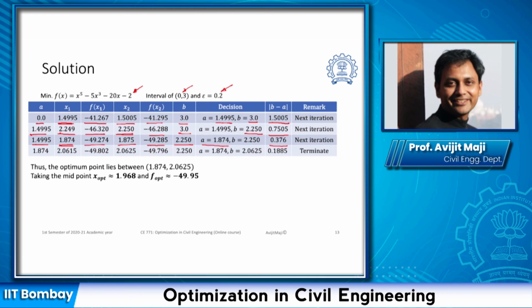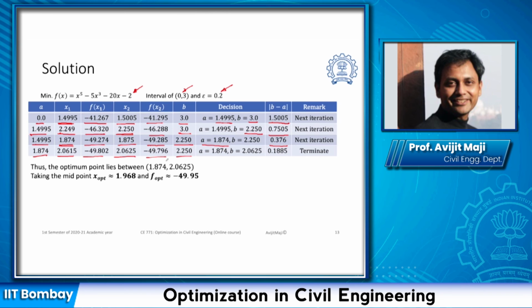We move to the next iteration, where the lower and upper boundaries are revised. We find the midpoint neighborhood points, which are these two, and the function values are these two.